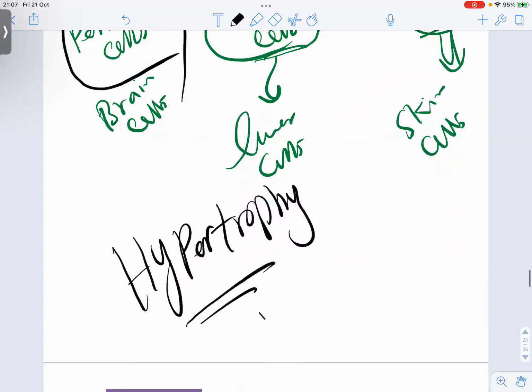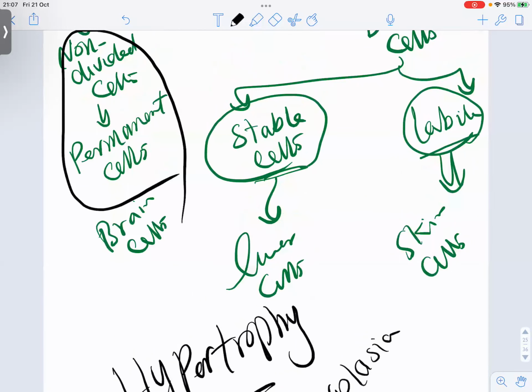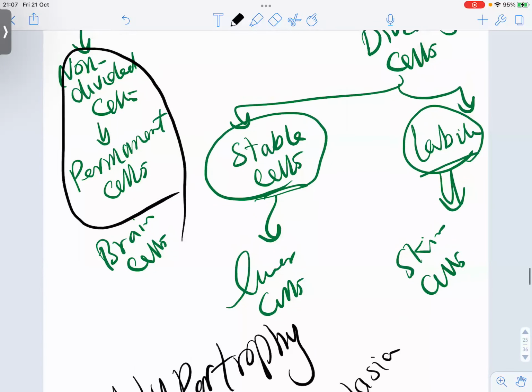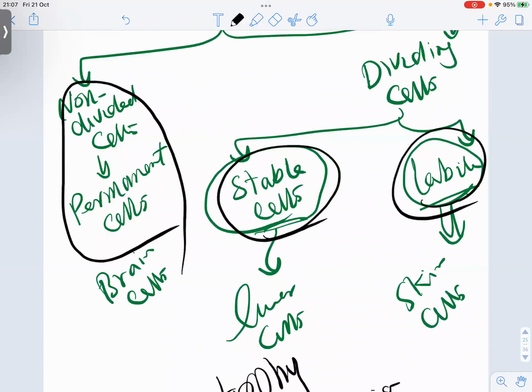But hyperplasia, no, the number is not the same. During hyperplasia, the number of cells will be increased. So hyperplasia occurs in stable and labile cells.